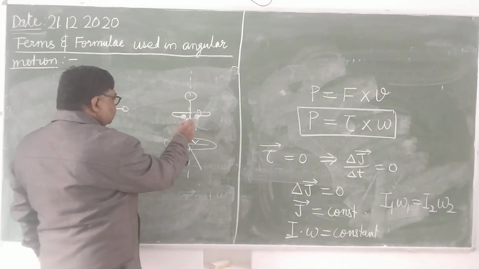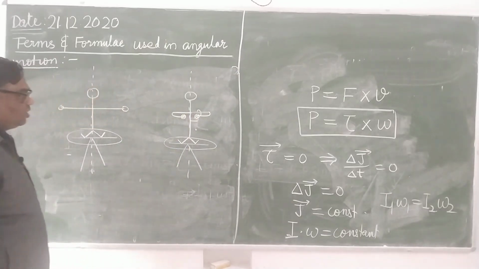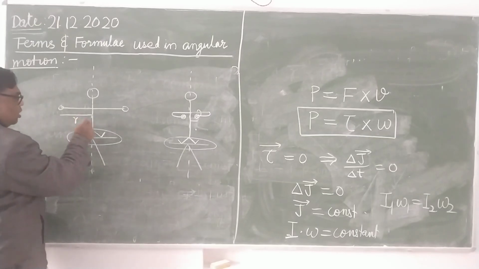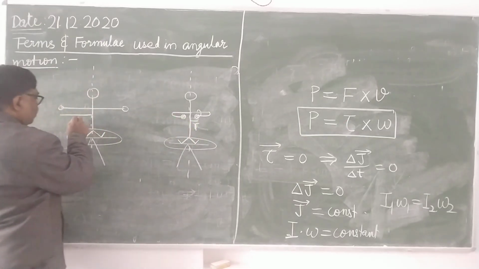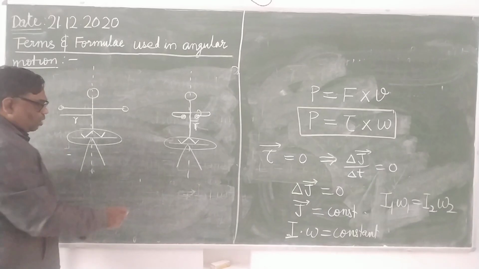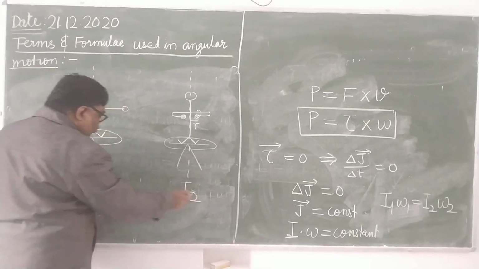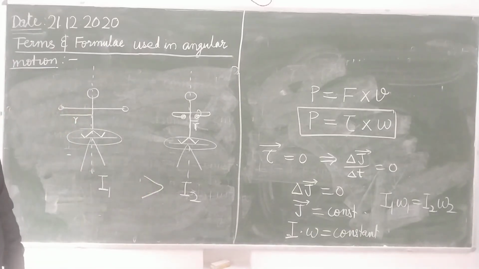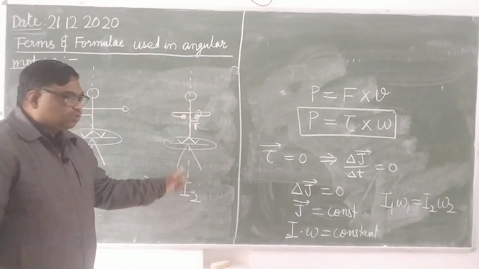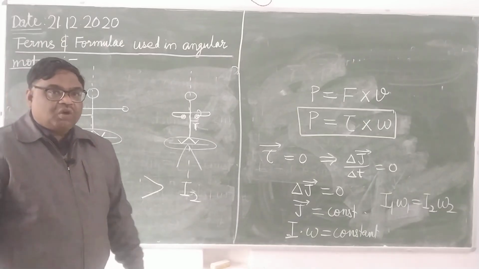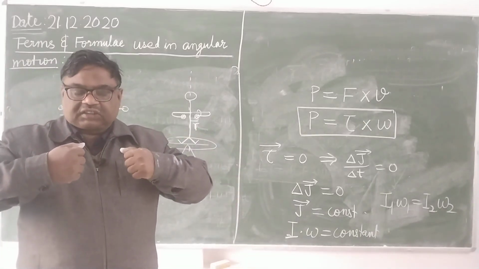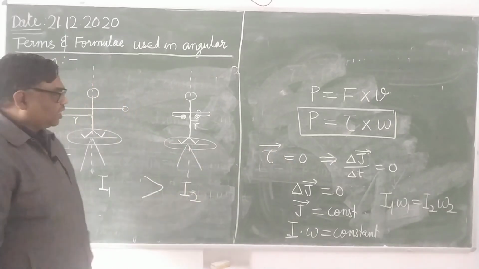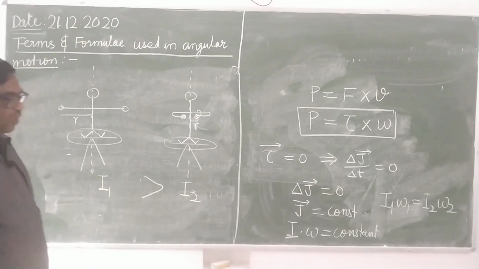Nearer to the axis of rotation means the moment of inertia of these masses, which was earlier more, will now be reduced. Means the total moment of inertia, here suppose I1, here it is I2. So now I2 will be less than I1, because these masses have come closer to the axis of rotation. Now during this process, external torque is not acting, therefore total angular momentum will remain conserved.